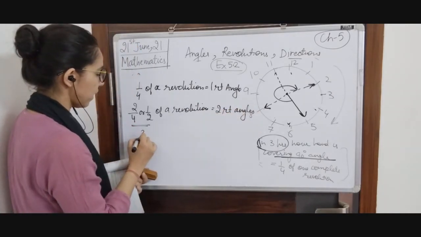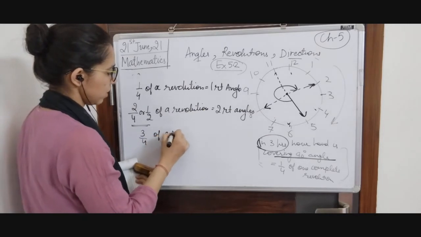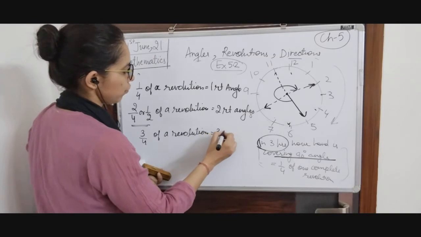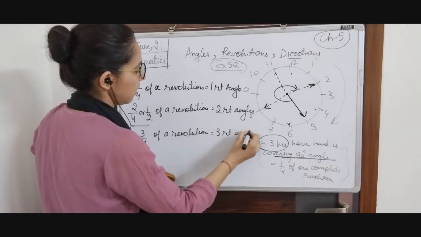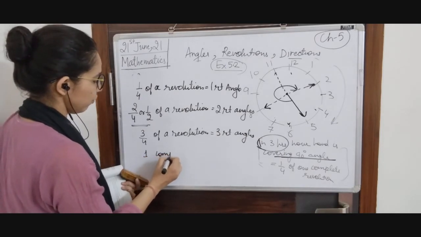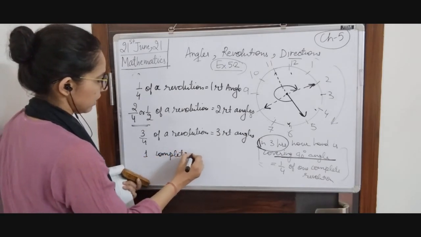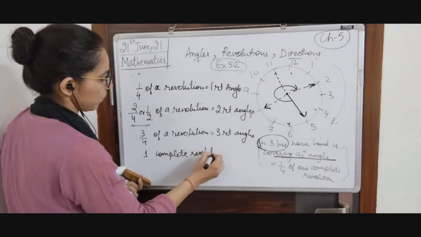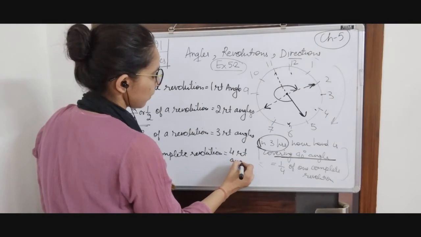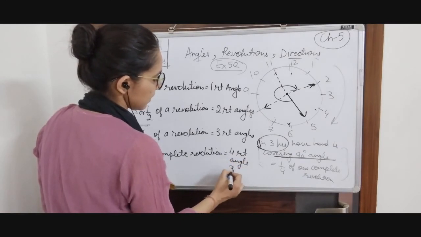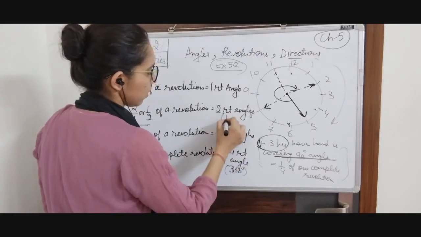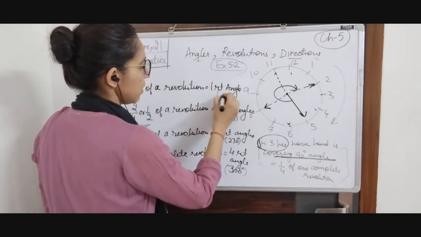Then 3/4 of a revolution will be equal to 3 right angles, and one complete revolution will be equal to 4 right angles, or you can say 360 degrees. This is your 270 degree, this is your 180 degree, and this is your 90 degree.